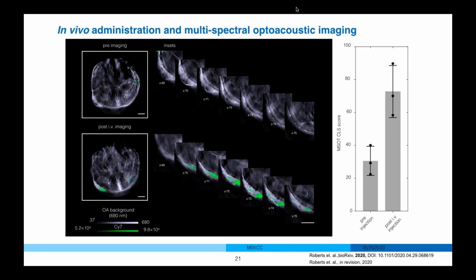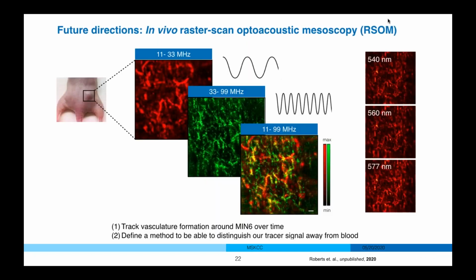So I went a bit too fast on that, but what we want to do is, while we have shown that we can image these beta cells in vivo, continue with some future perspectives using raster-scan optoacoustic mesoscopy, RSOM, which has gained a lot of attention in recent years.